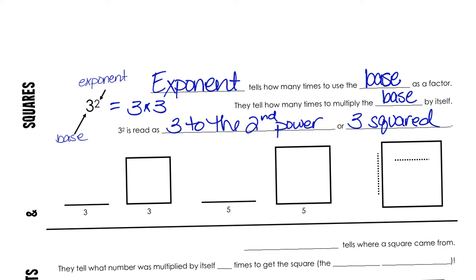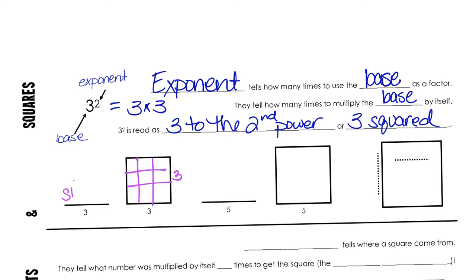So as we look at this first one, we have a square that has a side length of 3. Remember, anytime we're looking for the area of a square, that would be 3 times 3, right? Which means essentially there are 3 columns and 3 rows.